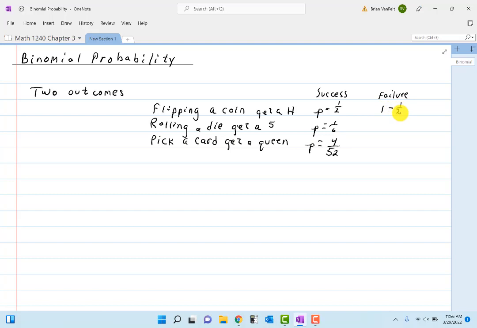The probability of failure when you roll a die is 1 minus 1/6. The probability of failure when you pull that one card is 1 minus 4 out of 52. So each of these, we are going to want to create something called success and failure.